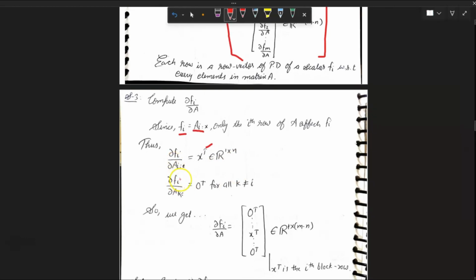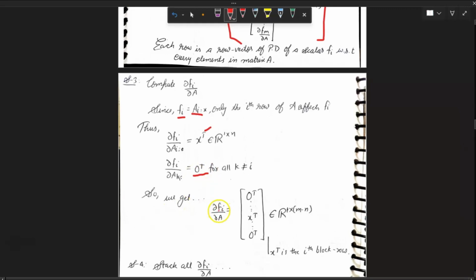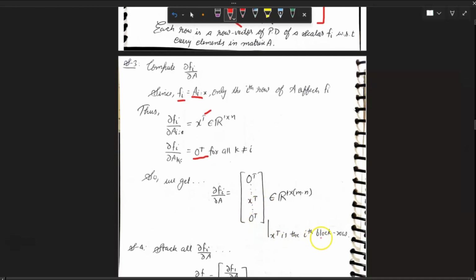Okay. So next, ∂f_i/∂a_k is 0 transpose for all k not equal to i. For all k not belonging to i, this will be the value. So we get ∂f_i/∂A equal to 0 transpose, and somewhere in the middle we will get the x transpose row, and then the last 0 transpose. So x transpose is the ith block row.